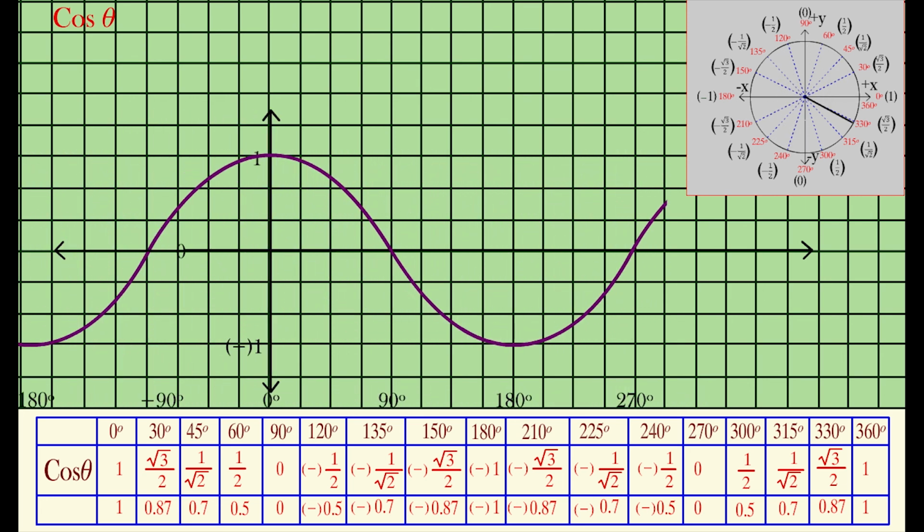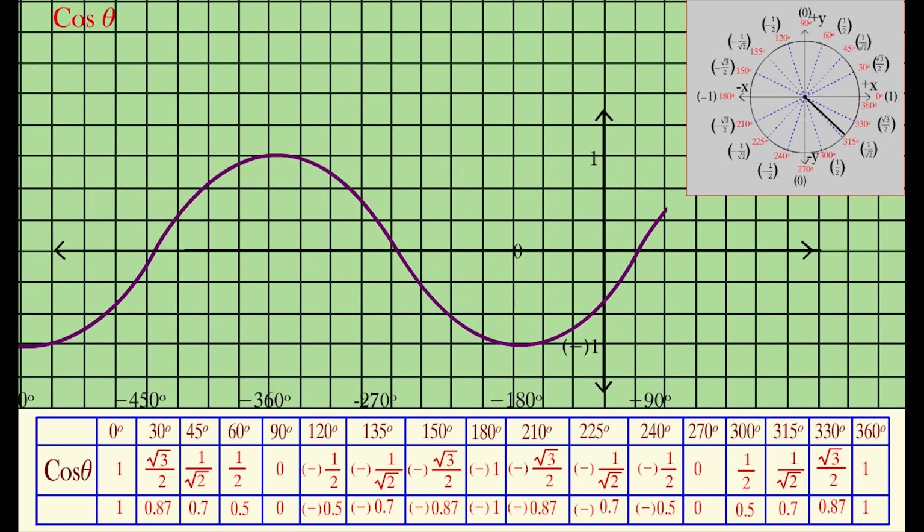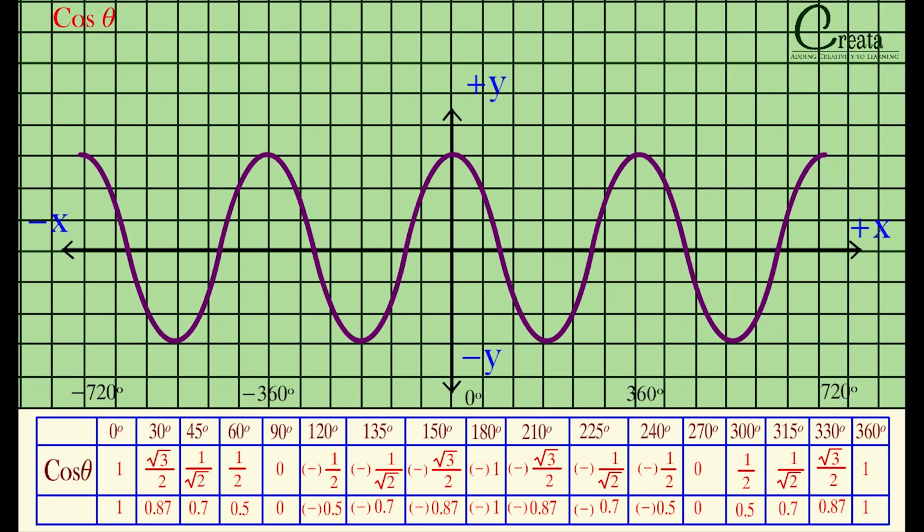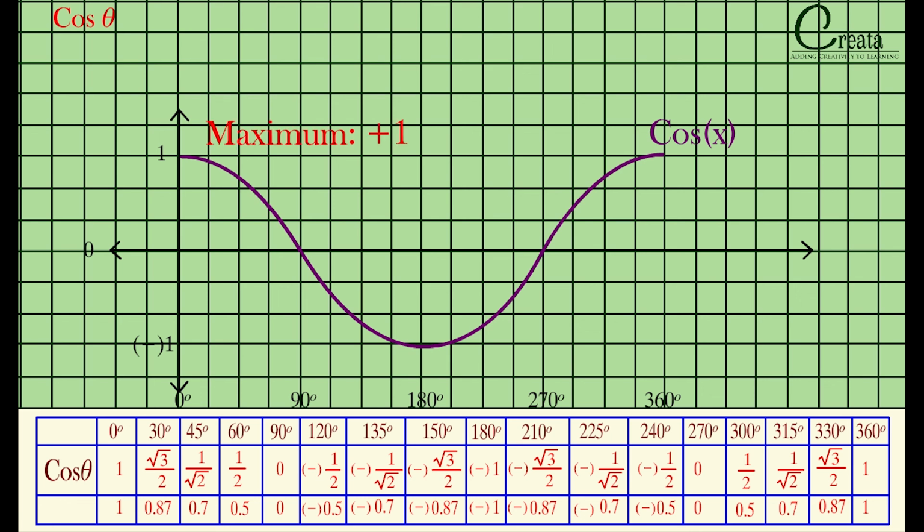It also moves in reverse direction in case of negative angles. So we can say cos graph, similar to sine graph, is also periodic in nature. That is, it repeats itself after a particular period, that is 360 degree. It has maximum value at +1 and minimum value as -1, similar to our sine case.